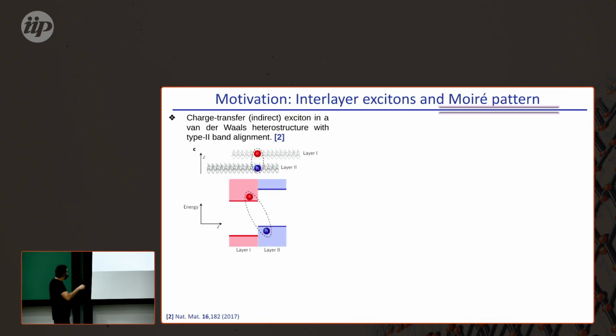Type 2 band alignment has a long lifetime, which is why this topic got a lot of interest in the last 10 years. As you can see, electron and hole are located in different layers and, more than that, in different bands. So the recombination time is long, making it easier to measure this in experiments.